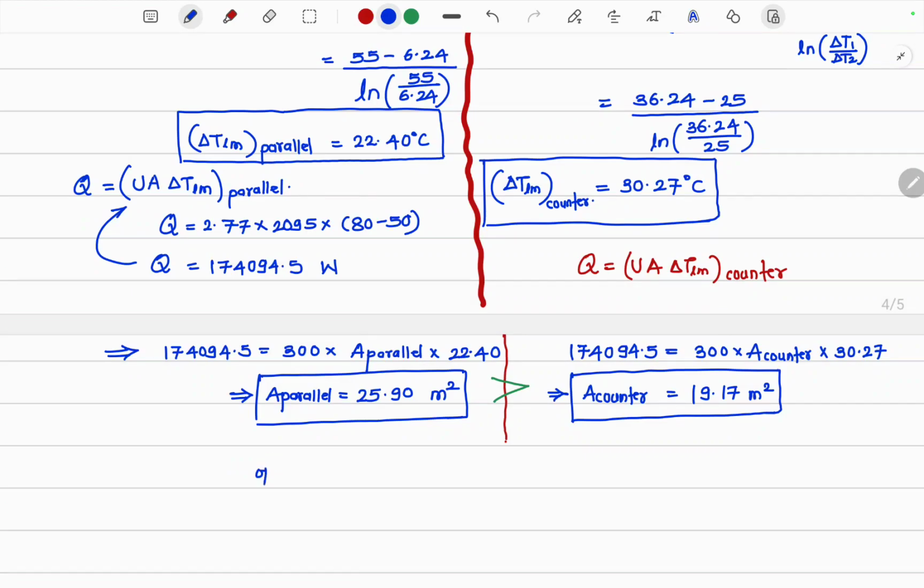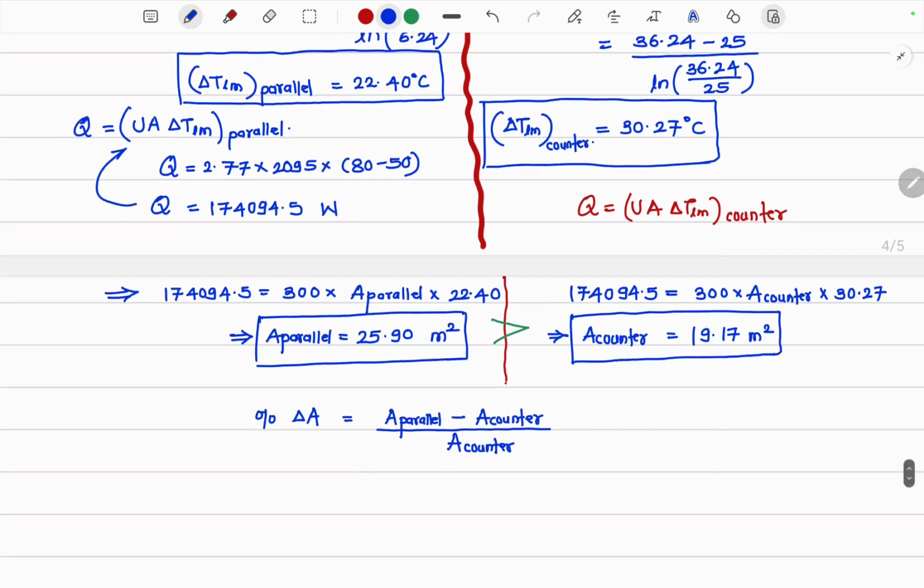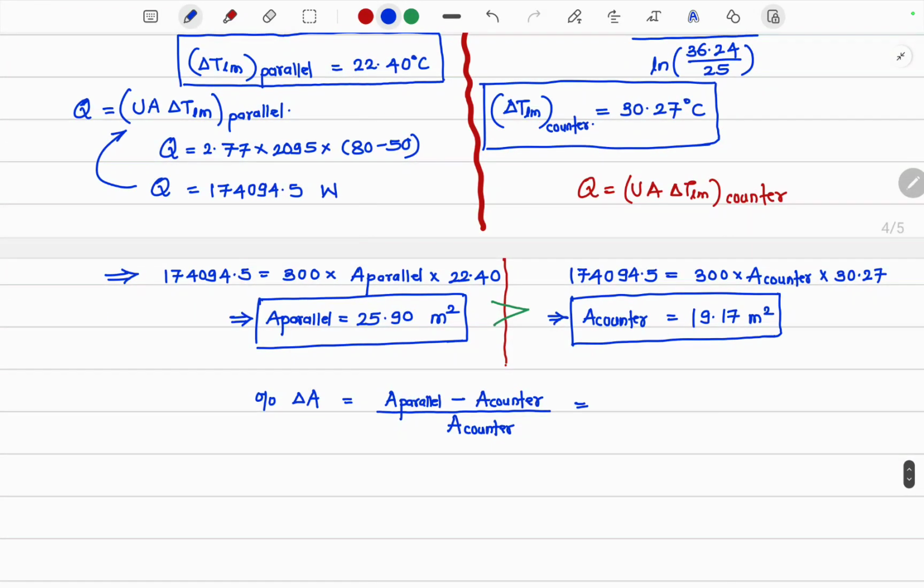Now we will calculate the percentage change in area between parallel and counter flow. That will be obtained as parallel flow area minus counter flow area. Remember, logically we are checking how much more area is required in parallel flow, so we are comparing it against counter flow. That is why the counter flow heat exchanger area is in the denominator.